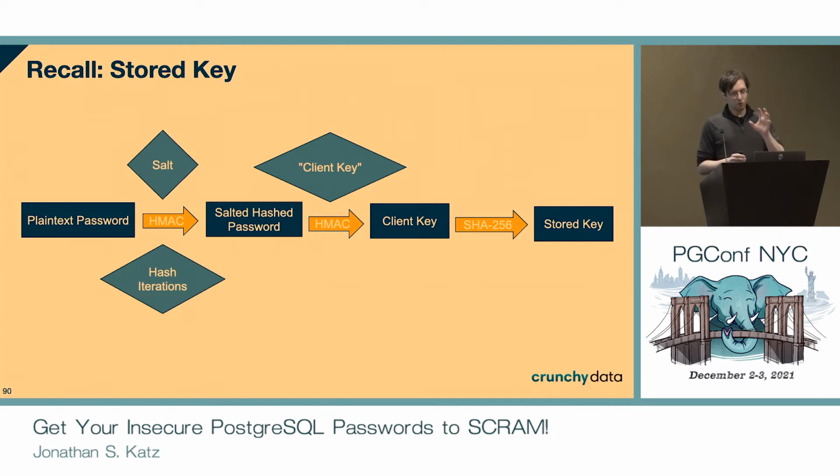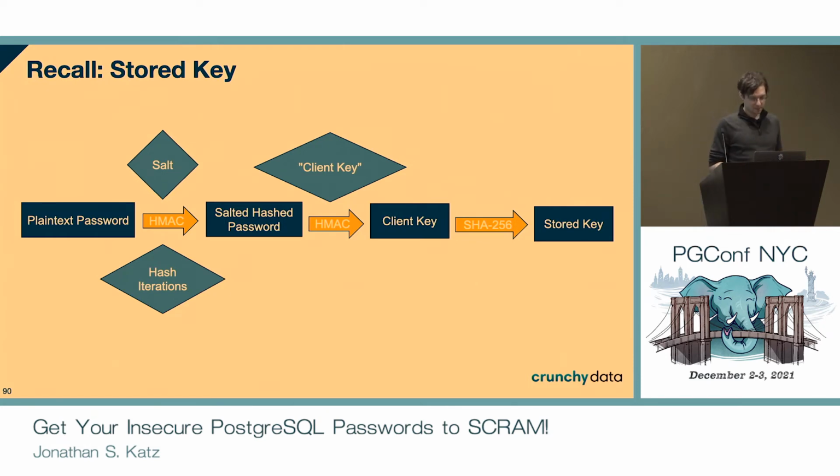Now, one could say, we could pause right here and say, oh, all we're doing is generating that stored key and sending it up to Postgres, and then Postgres is going to verify and we're done? No. Because if we did that, we're no better than any of the other methods that we discussed. If you're just sending up that stored key, that's effectively the password. And that's not the case here.